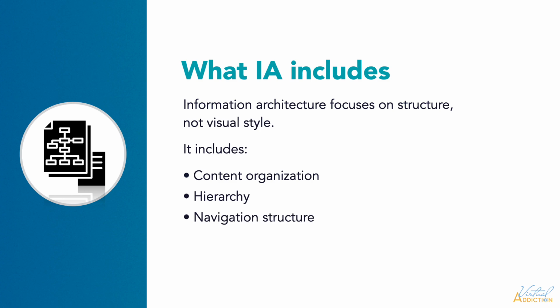How users move between pages. Labeling. Clear, user-friendly page names. And relationships between pages. You don't see information architecture the way you see colors or fonts, but you feel it. When a website is easy to use and nothing feels confusing, that's usually because the information architecture is solid.